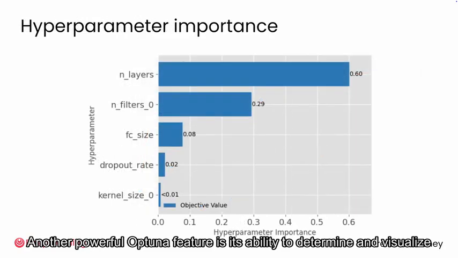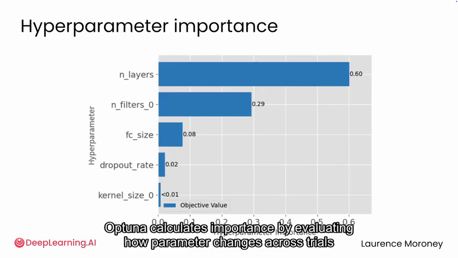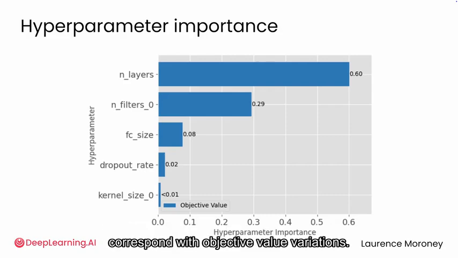Another powerful Optuna feature is its ability to determine and visualize each hyperparameter's relative importance. The plot shows the relative significance of each hyperparameter's impact on model performance. Optuna calculates importance by evaluating how parameter changes across trials correspond with objective value variations.